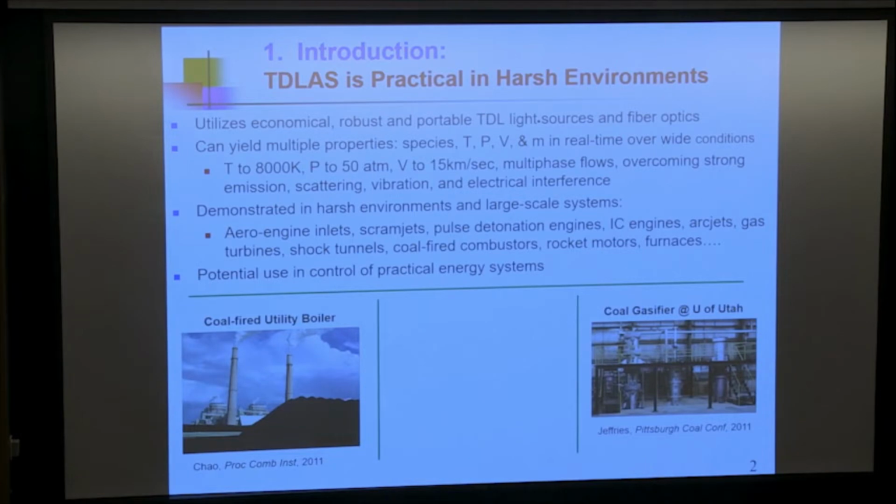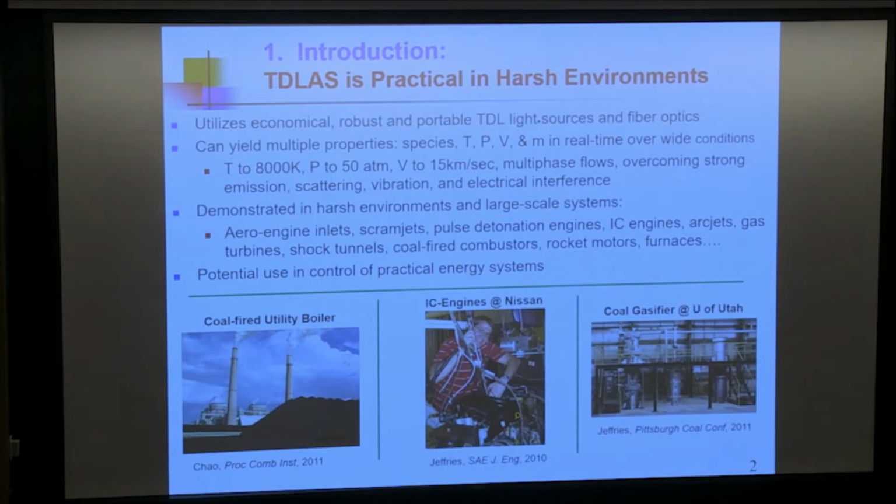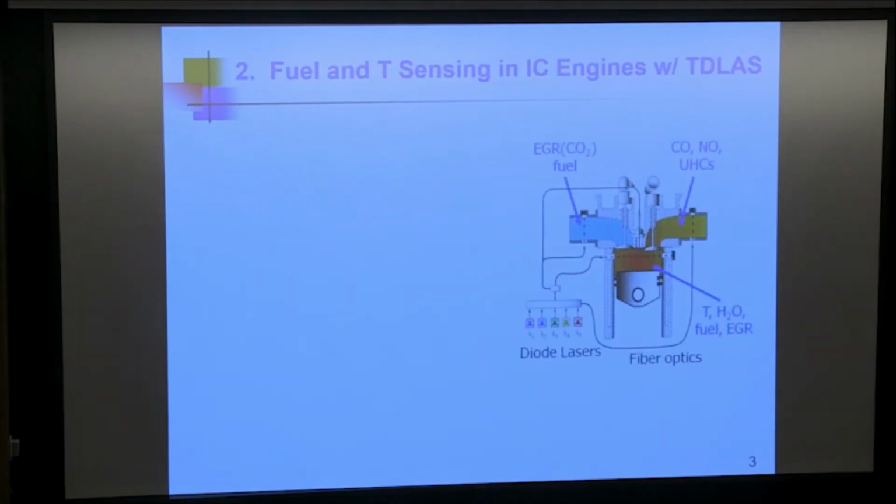This was at the University of Utah, a small scale device. And IC engines, my student, Jason Porter, Colorado School of Mines, now professor. We did this project for Nissan about 12 years ago on a real production engine in Detroit.